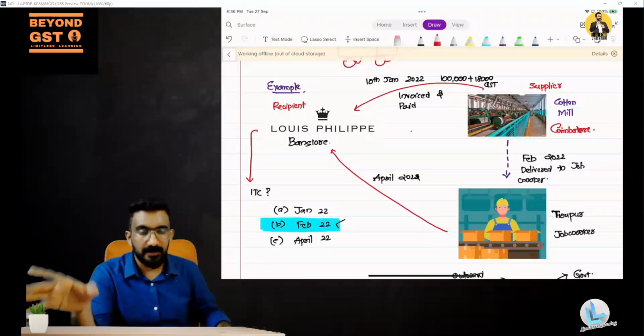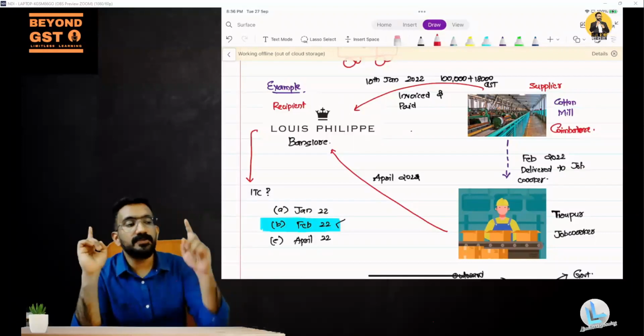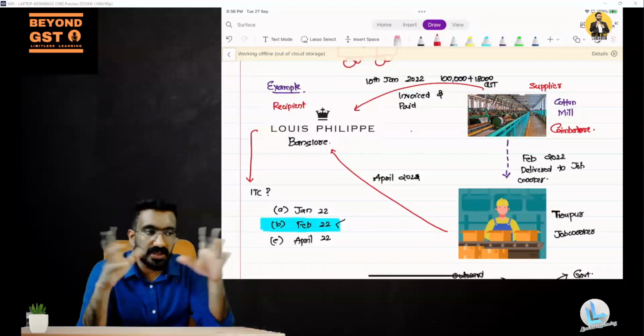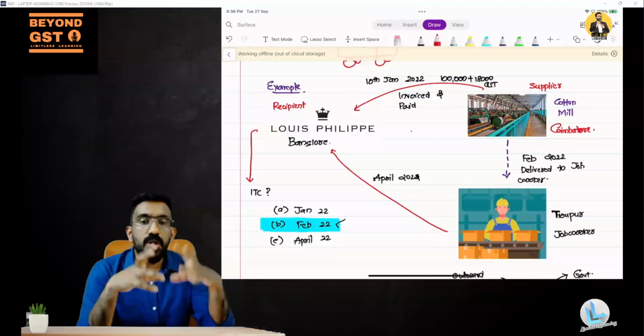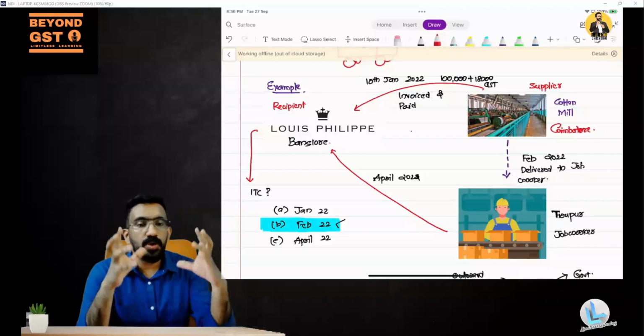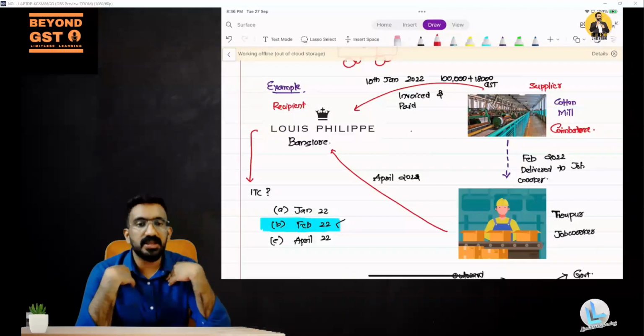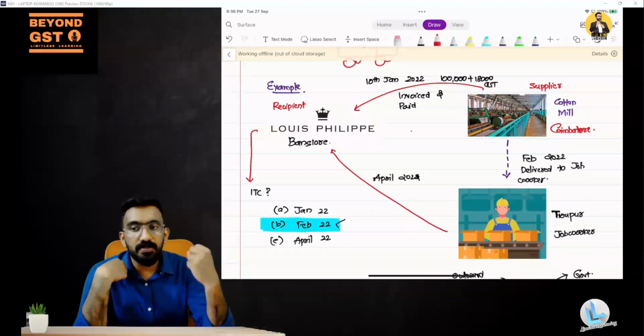The answer is yes. Why? Because when it was delivered to the Tirupur job worker, the one who's going to stitch, who's the owner of this cotton raw material? Even though the Tirupur job worker received the goods, did they receive it in their own capacity? Or did this Tirupur job worker receive the goods on behalf of Louis Philippe?